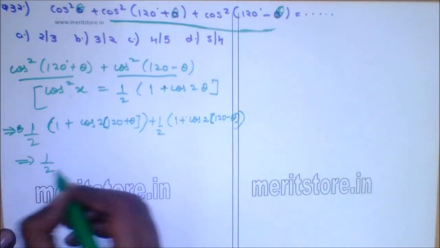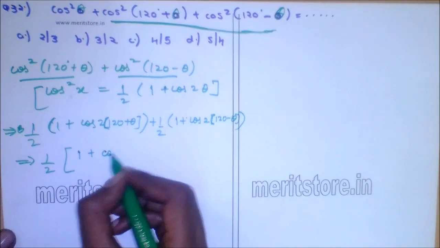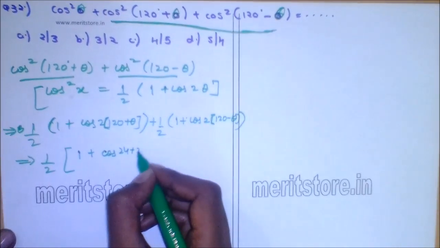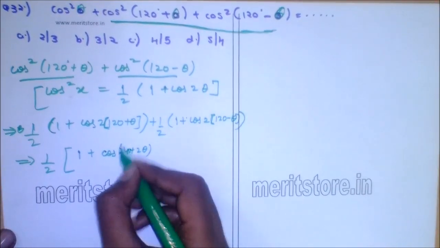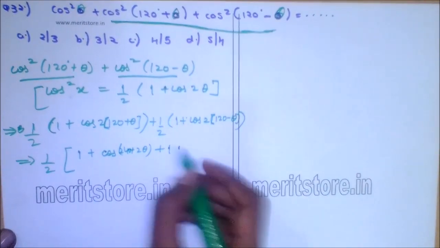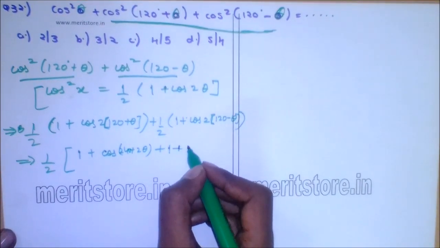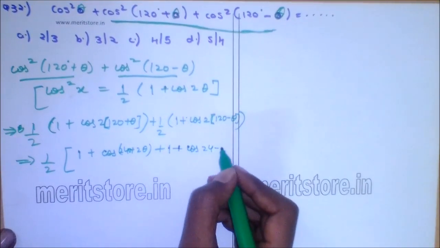Taking half common, we get 1 plus cos (240 plus 2 theta) plus 1 plus cos (240 minus 2 theta).